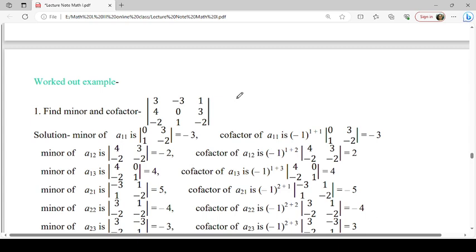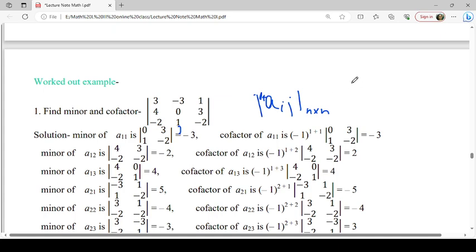When we talk about minor, aij are the entries, and A is n by n.